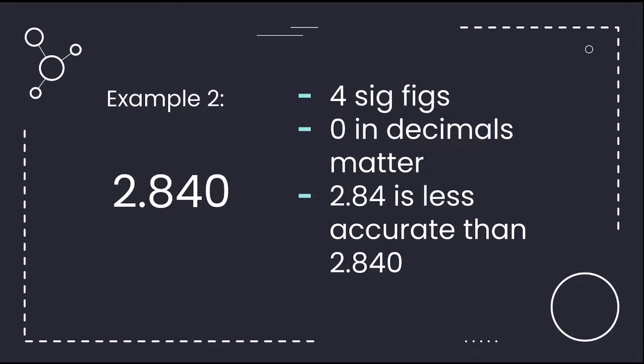However, unlike the first example, the 0 in the decimals holds significance because it tells us that the number wasn't rounded up or down, since 2.84 is less accurate than 2.840. 2.84 could have been rounded from 2.843 or 2.842, but 2.840 is a lot more accurate than 2.84.